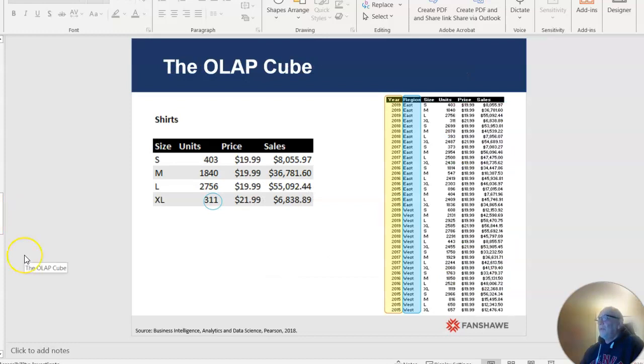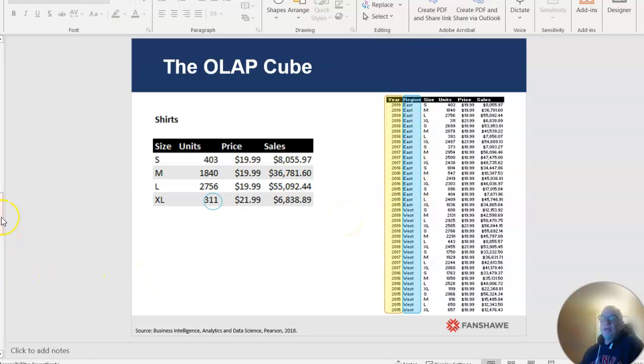For example, we can look at units and prices and sales by size, right? Small, medium, large, Excel, or by region and by year.